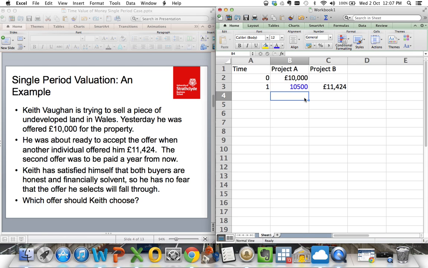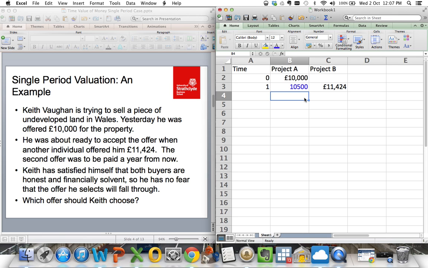10,500. So if you were to receive 10,000 today and put that money into a bank account, after 1 year, if the bank account is offering you 5%, you would have 10,500. Now, if you chose project B, you would be given 11,424.